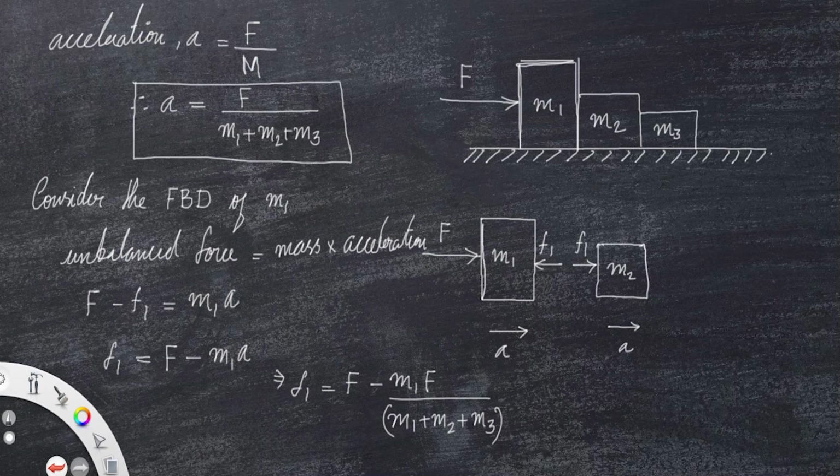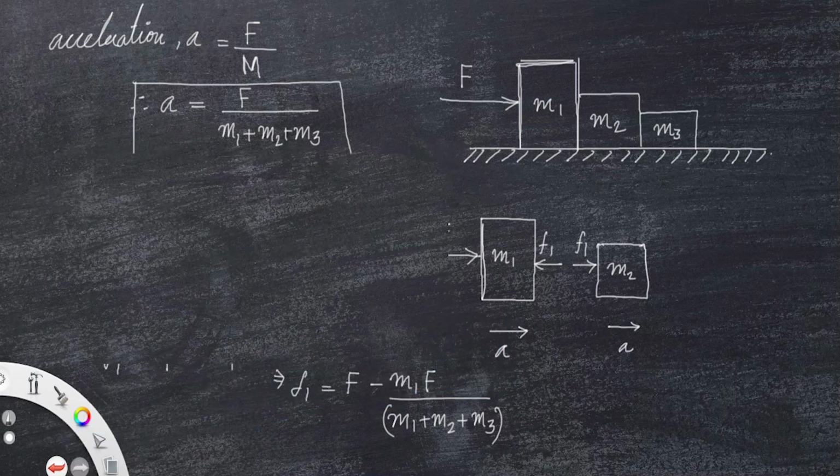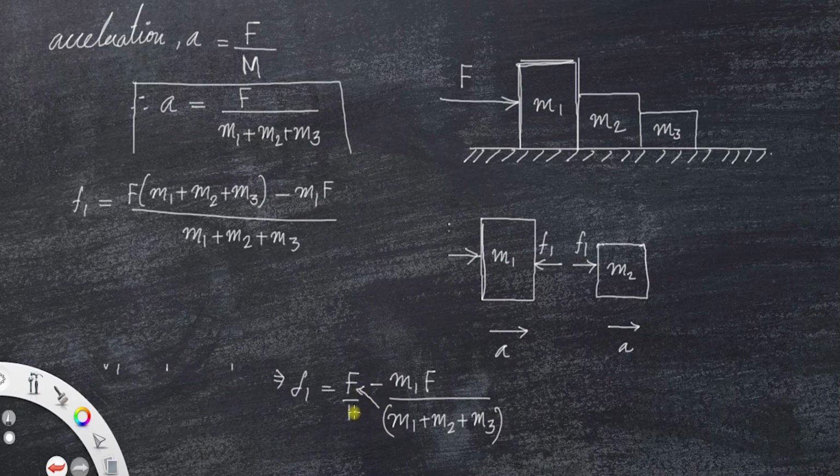And now, like we did before, let's cross multiply this equation. So F1 is equal to F into, if I put a 1 in here, then you can multiply F with M1 plus M2 plus M3, so M1 plus M2 plus M3 minus M1 F, whole divided by M1 plus M2 plus M3. Multiplying this to here and 1 to this one.